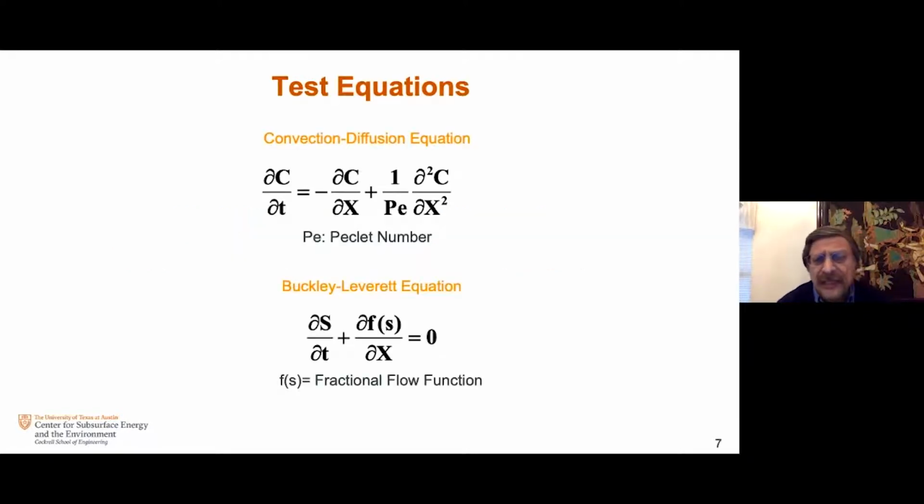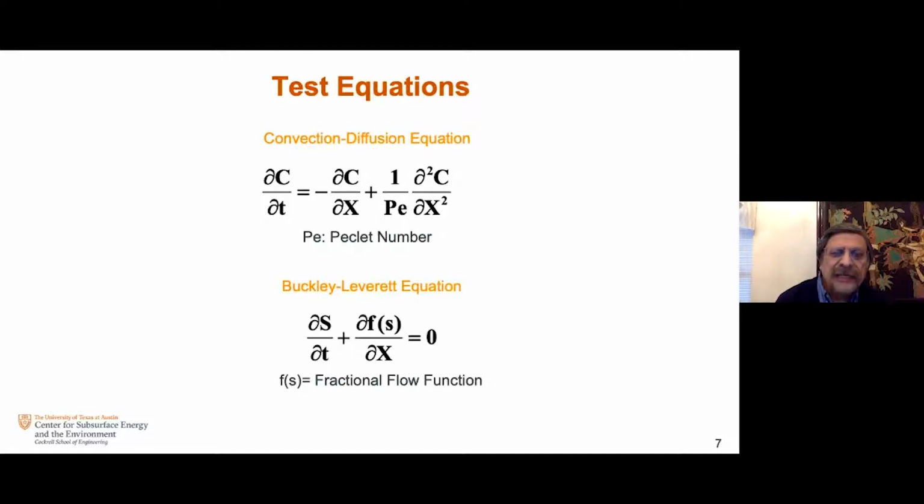I'm going to give you a couple of very simple examples, but very important equations. One of them is the convection diffusion equation, and some people refer to this as the confusion equation because of the problems that come about in solving this computationally. Another one is the Buckley-Leverett equation, which is quite a bit used in the petroleum industry.